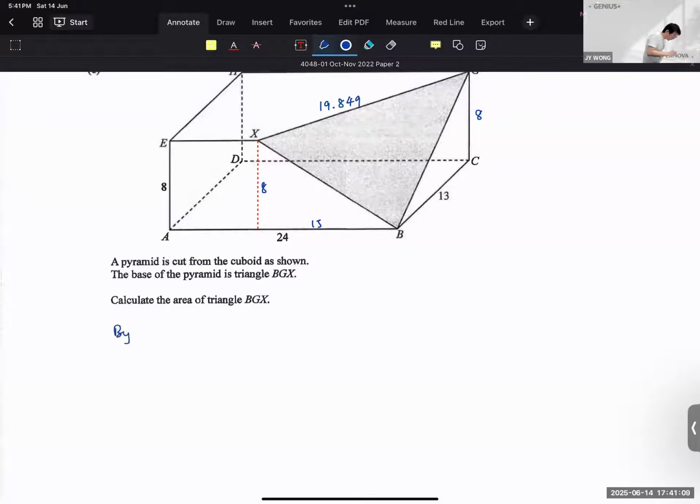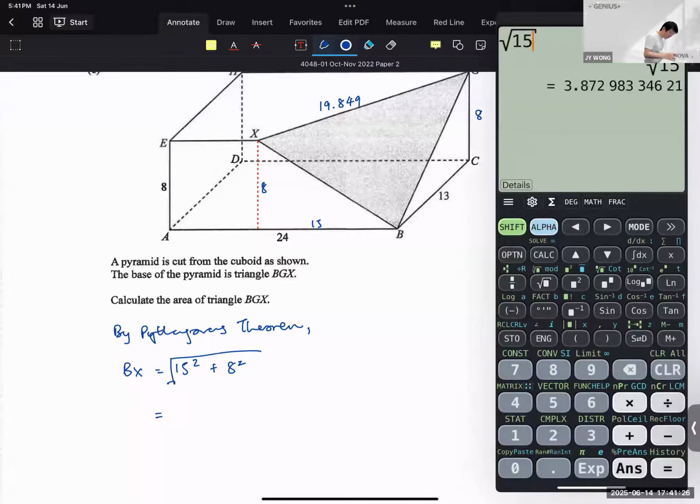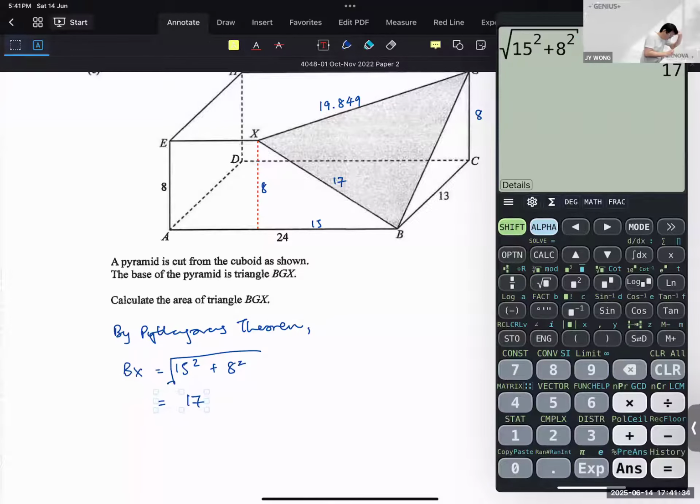So by Pythagoras theorem, BX is equal to the square root of 15 square plus 8 square, which will give me 17. So it's even a nice exact number. What else?